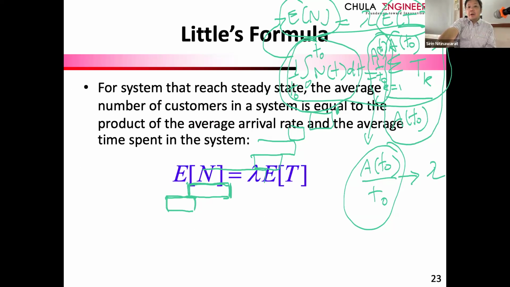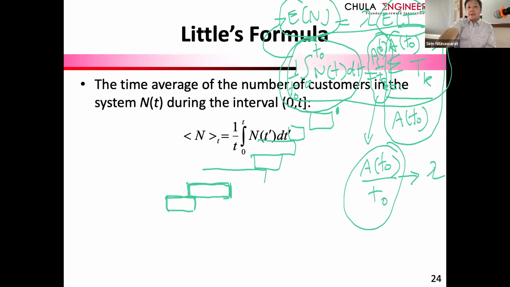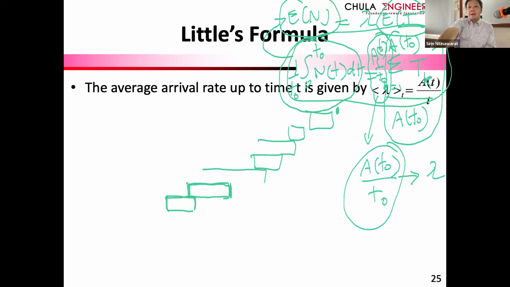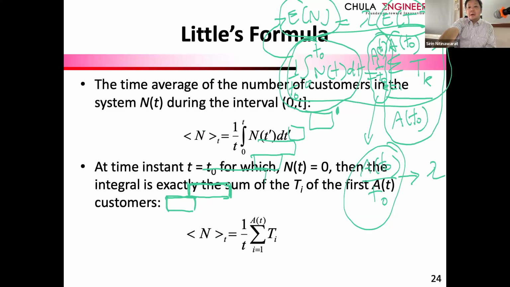If you want to see more detail of the proof, you can look at these slides, where I relate the vertical integration to the horizontal sum, and the sums are over the times different customers spend in the system.